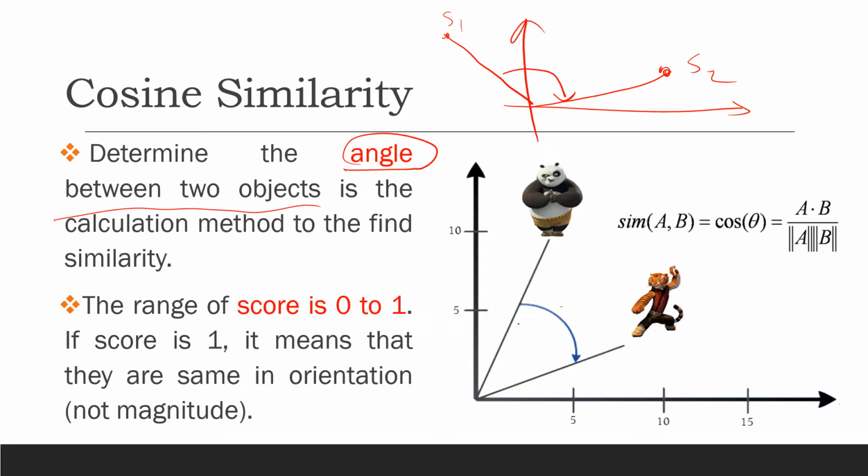If the angle is 0, let's say one object is here, another object is there. Object 1 is here, object 2 is here. The angle difference is 0. So they are cosine similar. They are exactly the same, similar objects. The angle difference between the two objects is 0. That's why we call it cosine similarity.